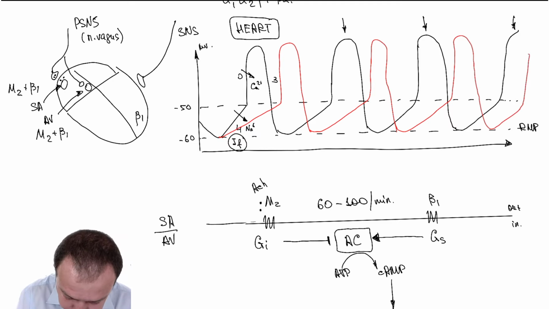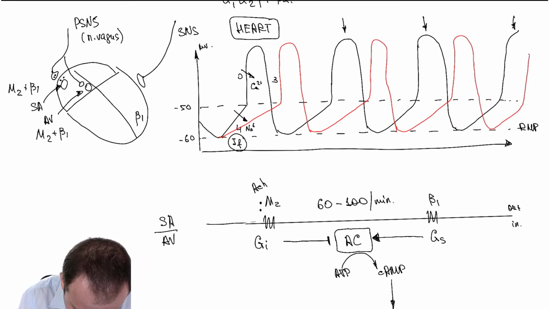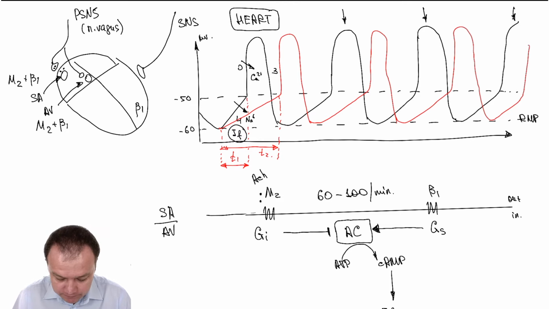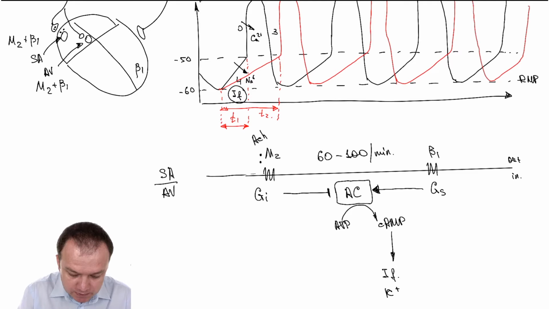So the required time to reach threshold level is greater, T2, and this is slowing down of heart rate: excitation of M2 receptors, or blockade of beta 1 adrenergic receptors, and vice versa.